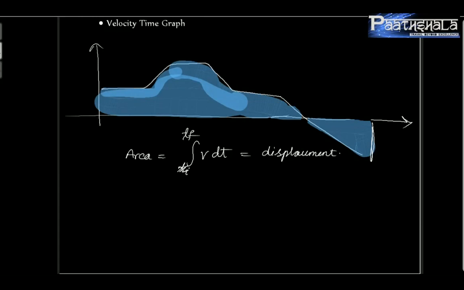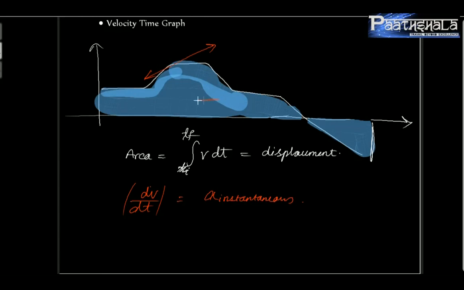Correct? And the slope of this graph is simply going to again represent dv by dt, the magnitude of dv by dt. So that is nothing but instantaneous acceleration. So the area is the displacement, and the slope is instantaneous acceleration.